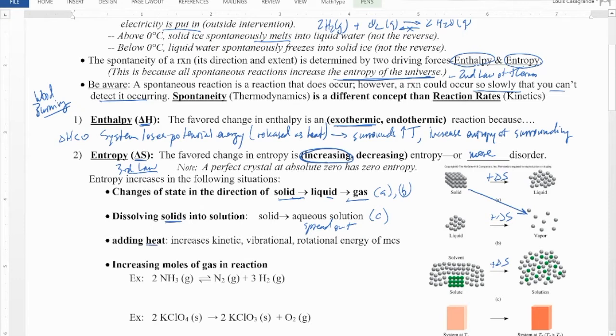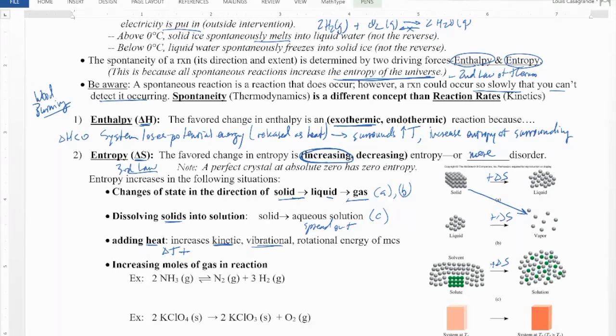Adding heat. So what does heat do? That's an increase in temperature. So temperature is going up. Delta T is positive. That increases all sorts of energy: kinetic energy, energy of motion, vibrational energy. Molecules aren't just sitting there. Their bonds are vibrating like little springs, and they vibrate and rotate and do all sorts of neat things. And that's all energy.